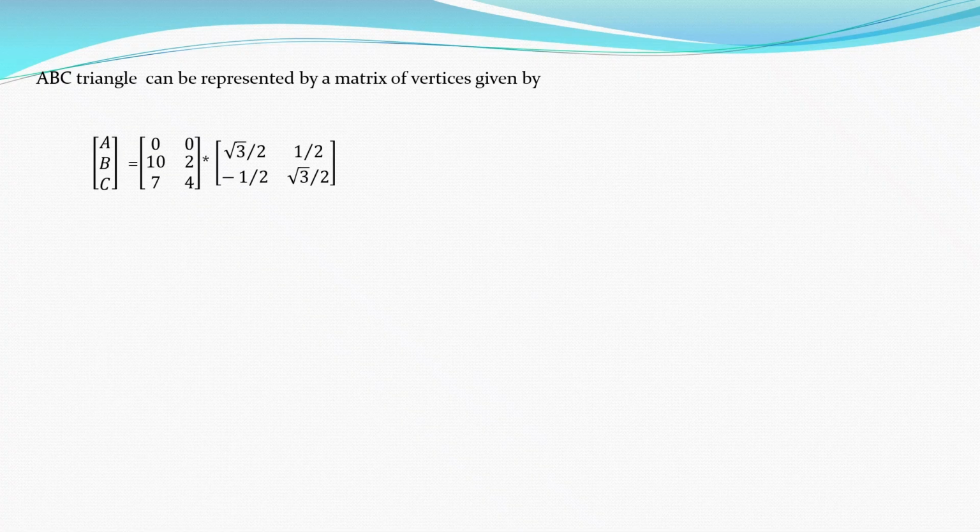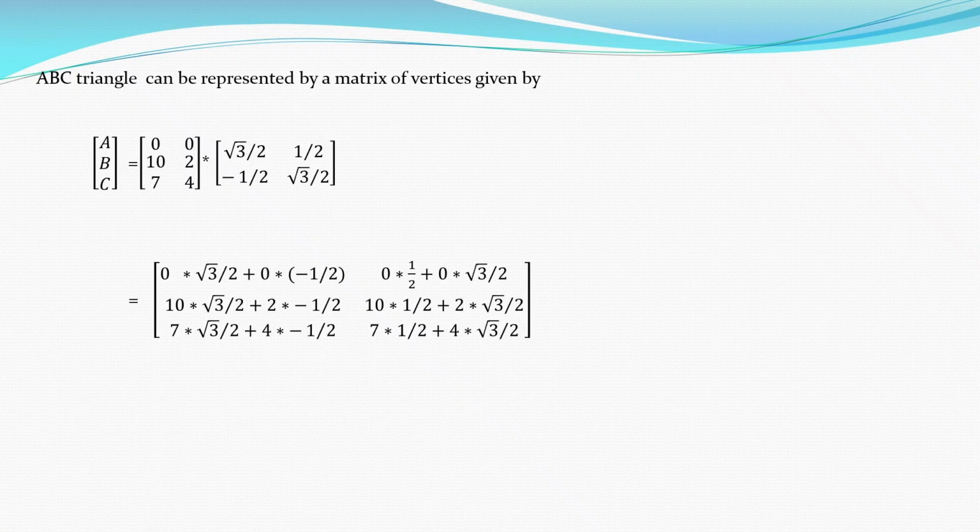So now we have to do the multiplication. This is a matrix multiplication. How do we do it? I hope you know how to do matrix multiplication, but here I am giving all the details. First you have to multiply this 0 with both of these.